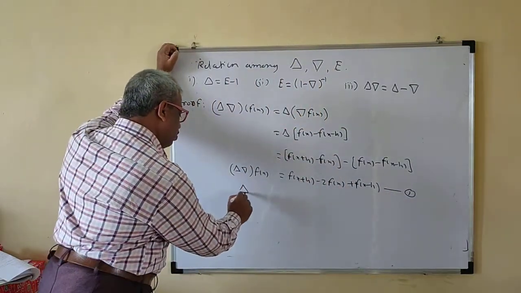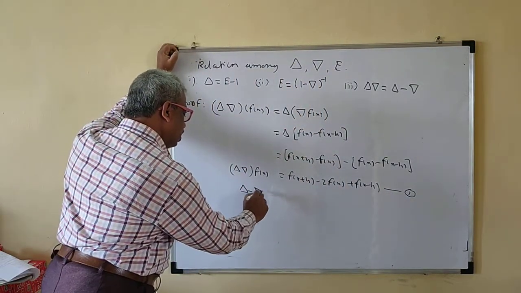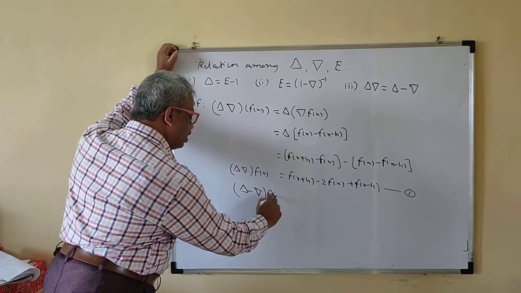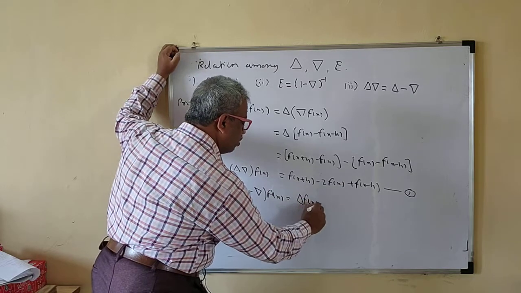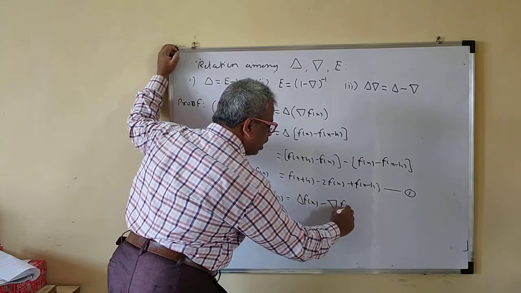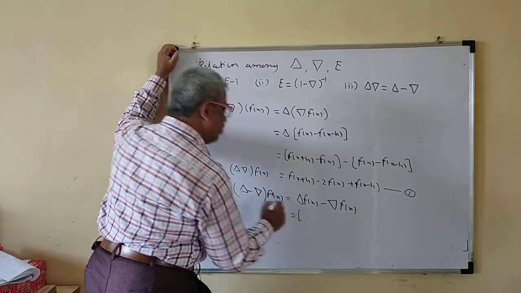Now the next one, minus backward f of x. So this is forward f of x minus backward f of x. So we'll apply the definition now.